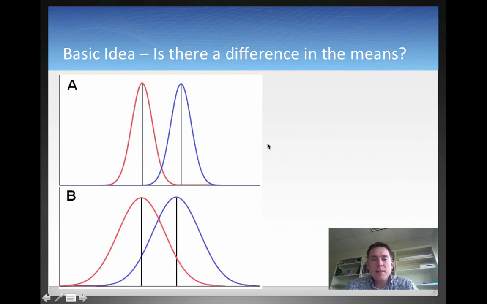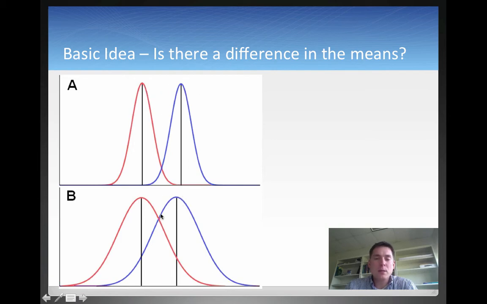So what's the basic idea behind the t-test? The basic idea is to look at two means, the mean of group 1 here in red and the mean of group 2 here in blue, and figure out: is this difference here statistically significant or not? And then you can see here two other groups, a red group and a blue group, with the same distance, right?